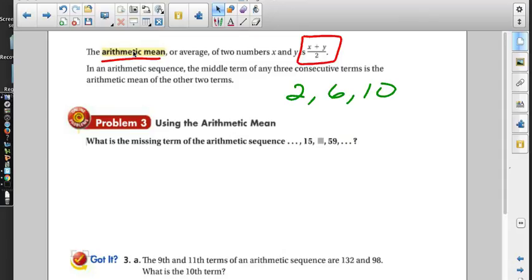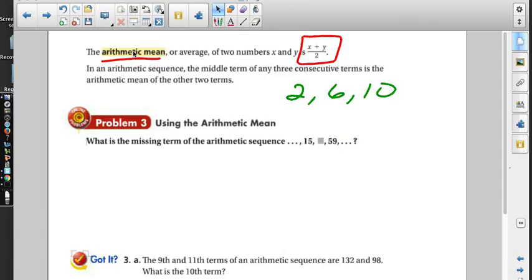Is it arithmetic? We probably need a couple more just to make sure. But looking at those 3, you can see that I'm adding 4. So here's what they're saying. If it's an arithmetic sequence, if I take 2 plus 10 and divide it by 2, I should get the middle term. Yep. There you go. That's how it works. That's the arithmetic mean.